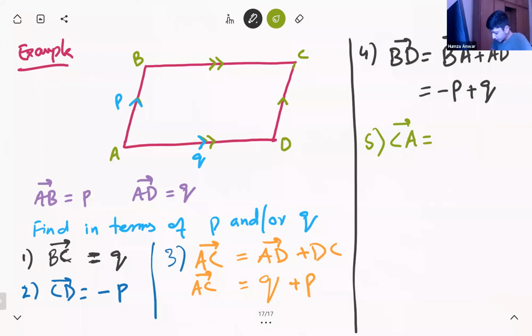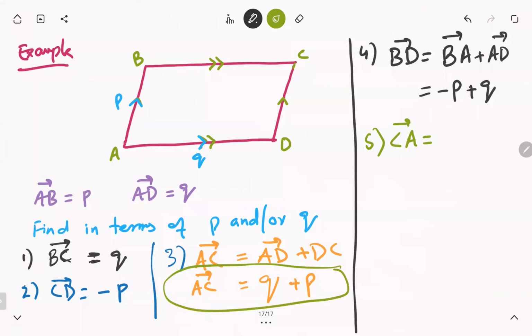Sir, it would be negative Q minus P. You are saying negative Q, negative P. That's what you said? Yes, sir. Yes, you are right. If I make the path, C to B is minus Q and B to A is minus P. So minus Q minus P, or the other way is we already have AC, so CA is the sign change of that: minus Q minus P.